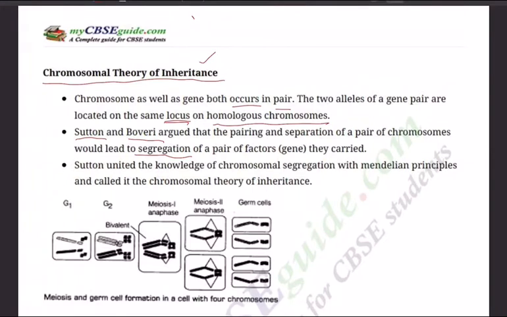Now we are using the Mendelian law of segregation, and through that we are saying that the two genes, that is alleles, will separate, and this separation will lead to variations. So Sutton united the knowledge of chromosomal separation with the Mendelian principles and called it chromosomal theory of inheritance.